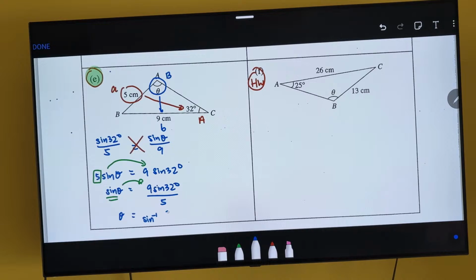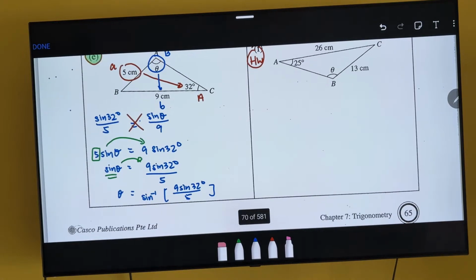So sine inverse of the entire expression of 9 sine 32 degrees over 5, right? That will actually give us our angle theta, 72.52 degrees.